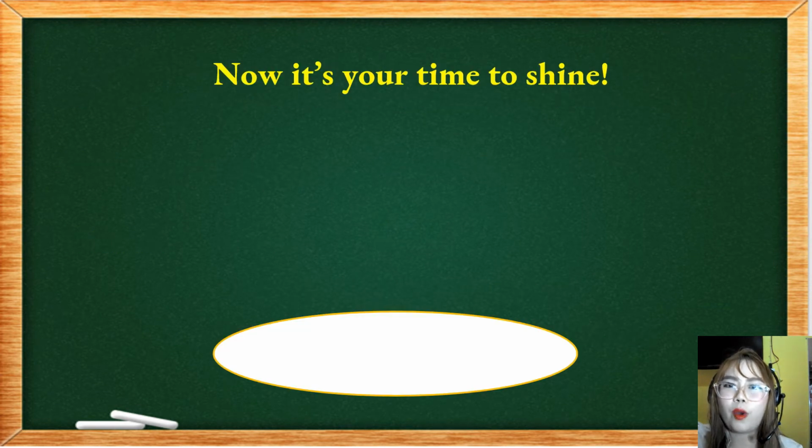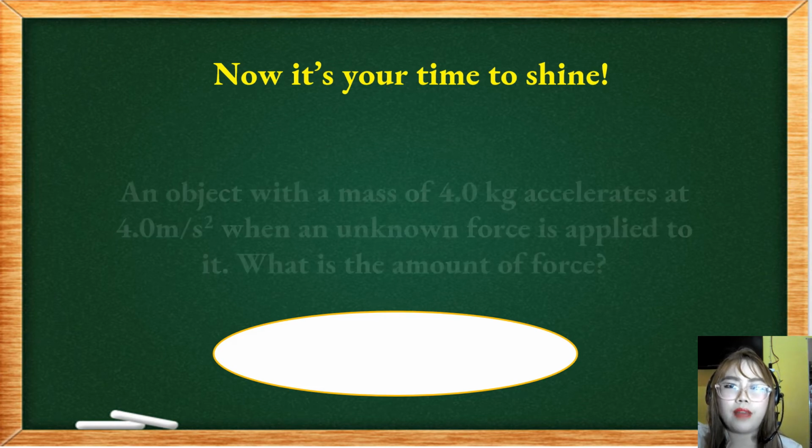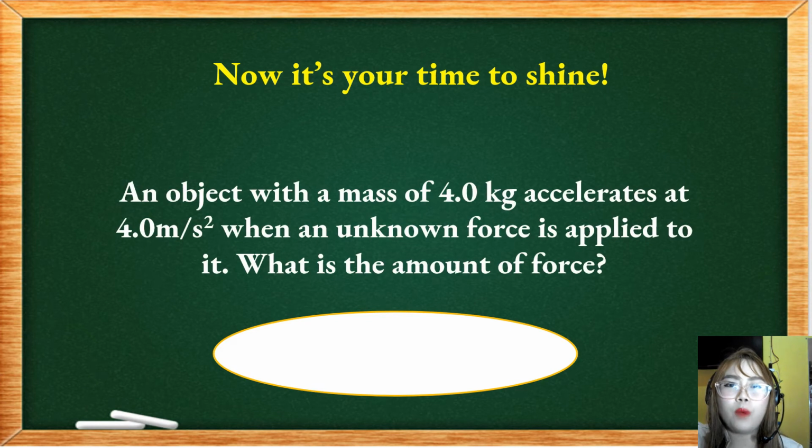Now it's your time to shine. Can you try to solve this problem? An object with a mass of 4.0 kg accelerates at 4.0 meters per second squared when an unknown force is applied to it. What is the amount of force?